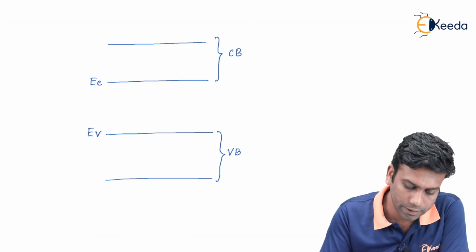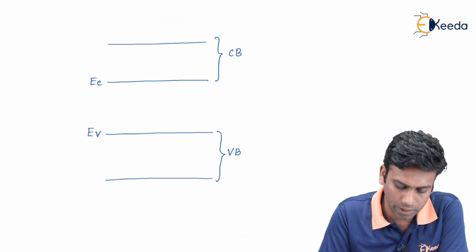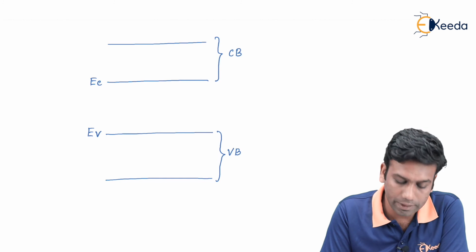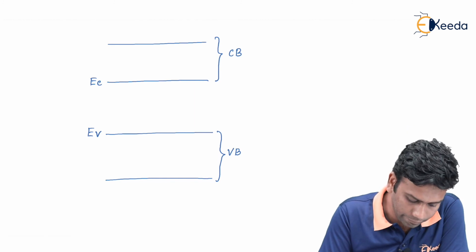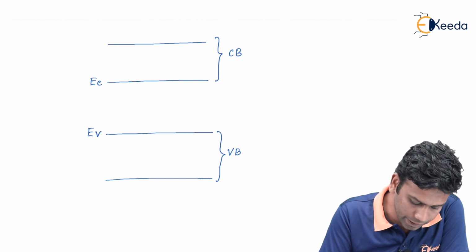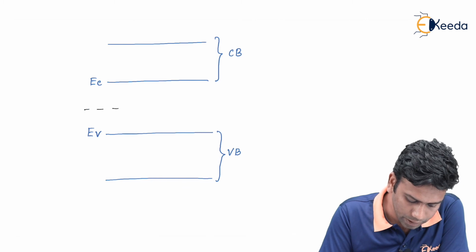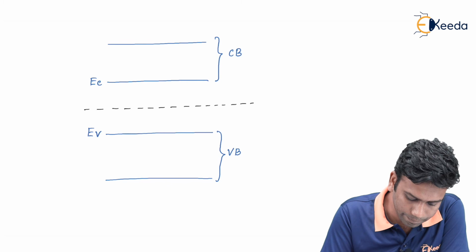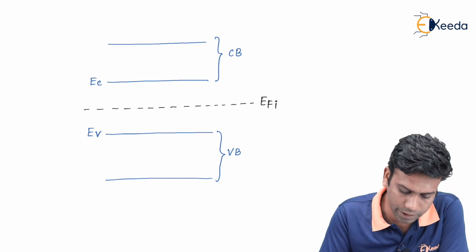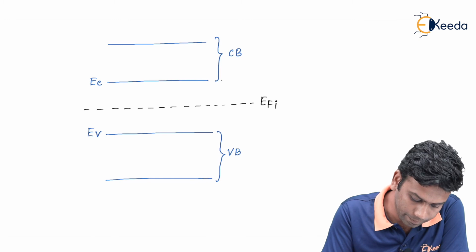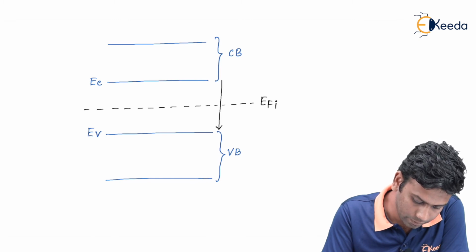And let us consider that we have taken an intrinsic Fermi level. So we can say that the Fermi level of the intrinsic material will be near the middle of the band gap. So this is the Fermi level for intrinsic material, and the band gap is this value.